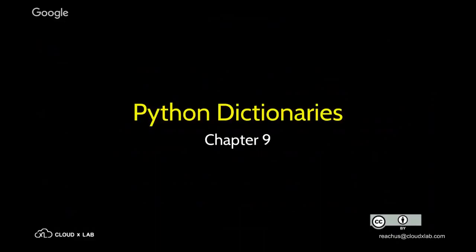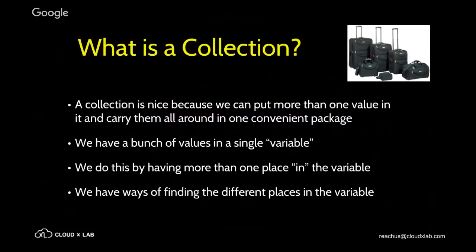Okay, so Python dictionaries are something that you'll find really useful. We have already used it once actually while doing the word count. A collection is nice because we can put more than one value in it and carry them all around in one convenient package. We have a bunch of values in a single variable.